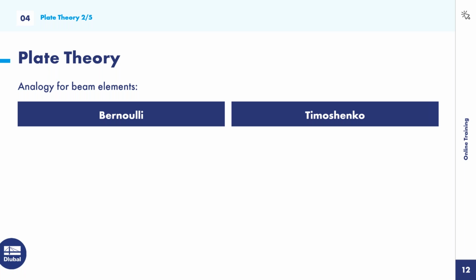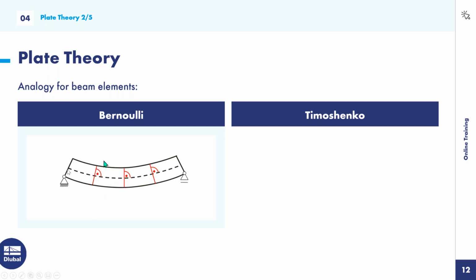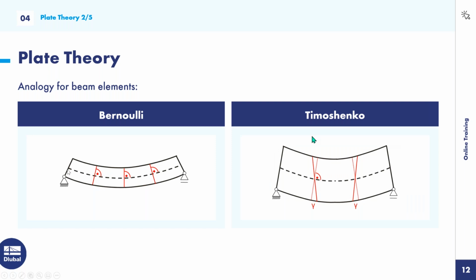So there is a graphic here. For Bernoulli's, you can see that the shear deformations are perpendicular to the member axes, which is what we assume for Bernoulli's theory. But with the Timoshenko theory, you can see that we have an additional angle here.